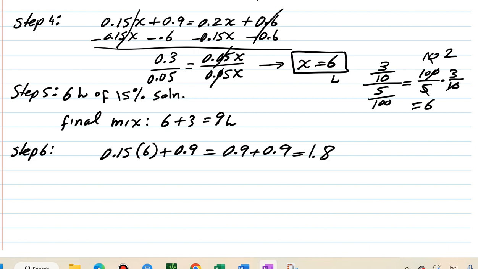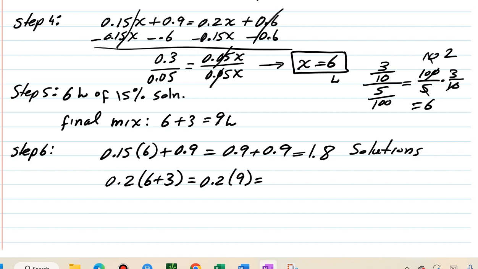That's 1.8. On the right side, we have the 20% solution, 6 plus 3, 9 liters in the final mix, and that's also 1.8.